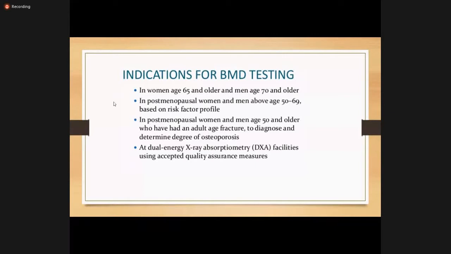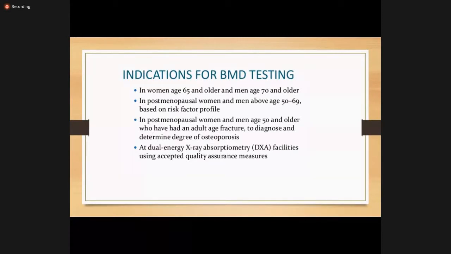Say, for example, what does this actually mean? If someone is not matching the criteria of age, say at 50 years or 55 years, usually this is not the age for getting a bone mineral density or DEXA scan.